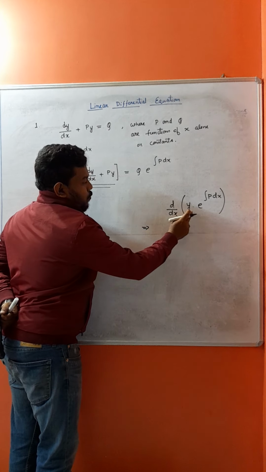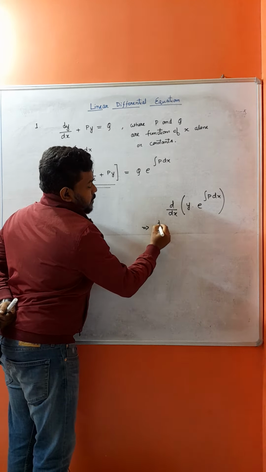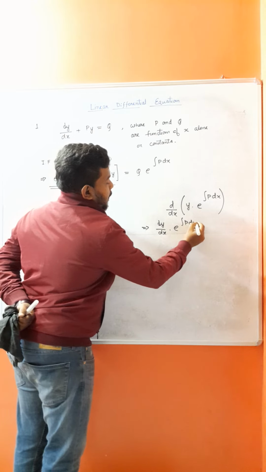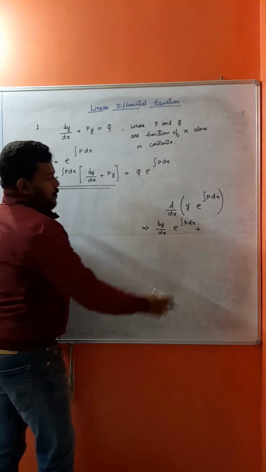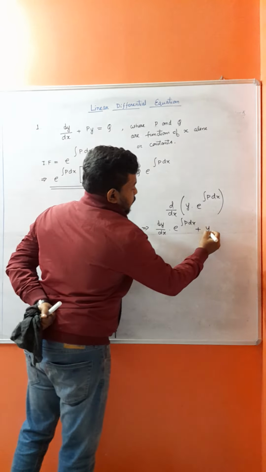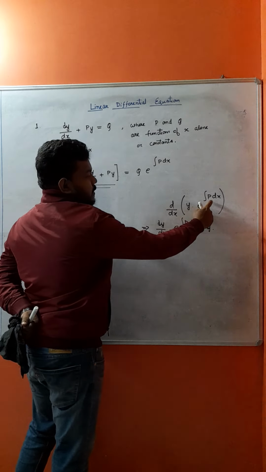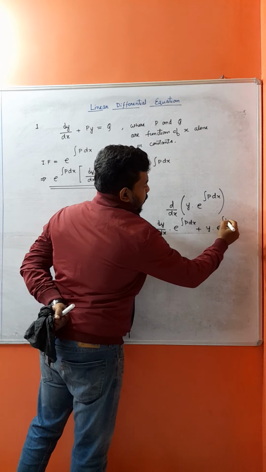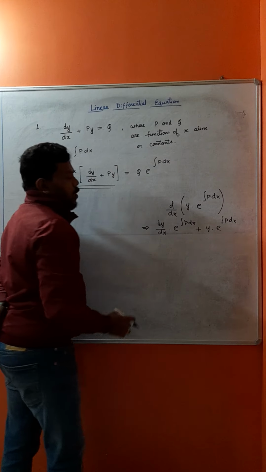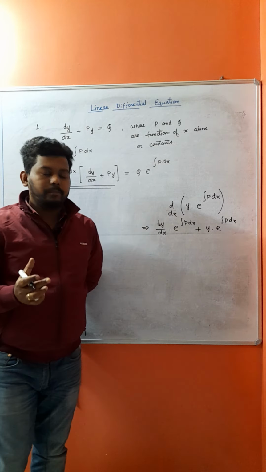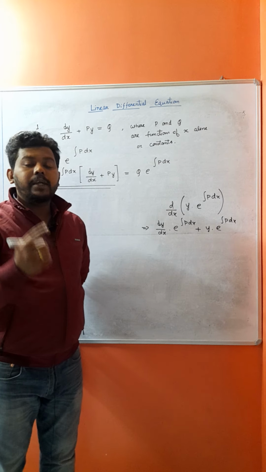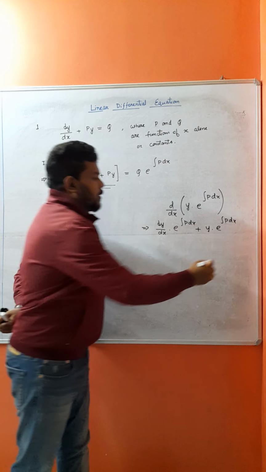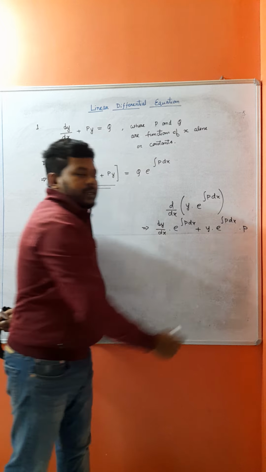For y, the derivative is dy by dx into e to the power integration of p, plus y into the derivative of e to the power integration of p. For e to the power mx we get e to the power mx, but for mx the derivative is m. So if I differentiate integration of p dx, we get p back.